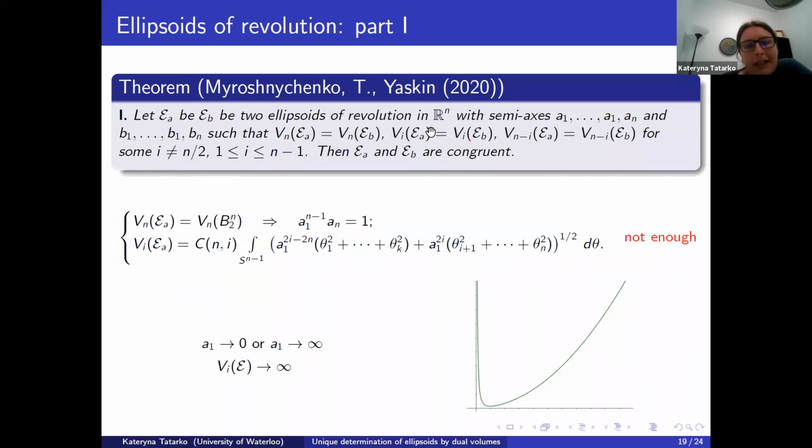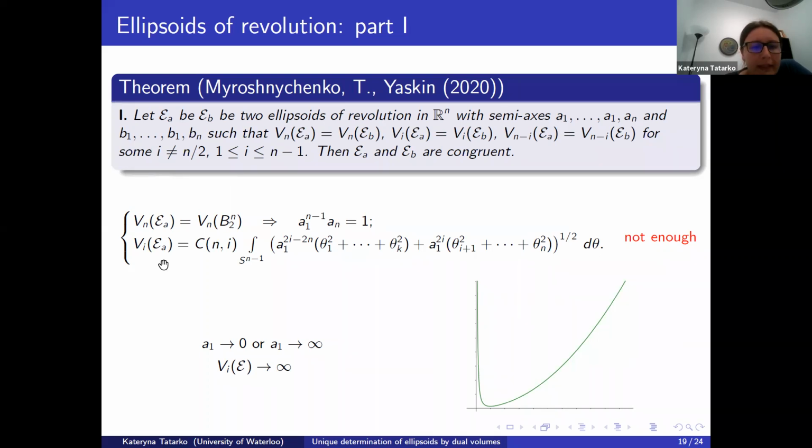And it turns out that, unfortunately, 2 conditions are just not enough to determine the ellipsoid of revolution. It follows from these observations: if we fix the volume of the ellipsoid, and without loss of generality say that the volume is the same as the volume of the unit ball, then we get the following relation between A1 and AN, which lets us express one of the semi-axes in terms of the other.